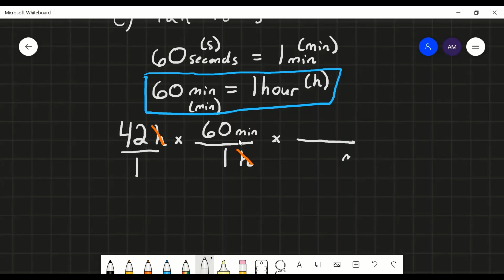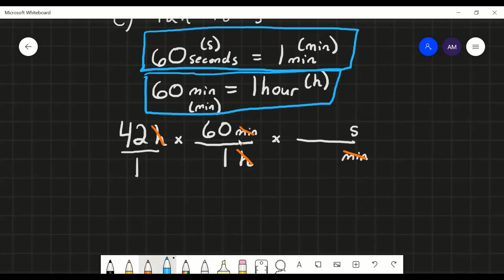We have to cancel minutes with the minutes that are up here and introduce seconds. We take the equation that converts the two of them here, and we copy down the numbers. So 60 seconds is equal to 1 minute.